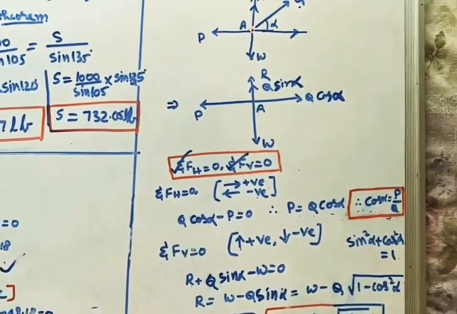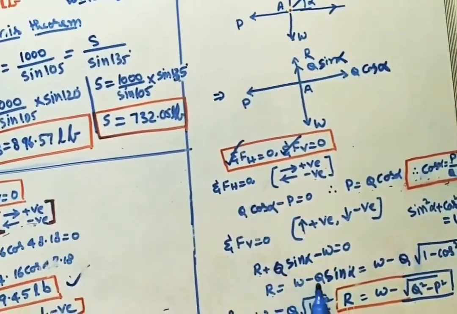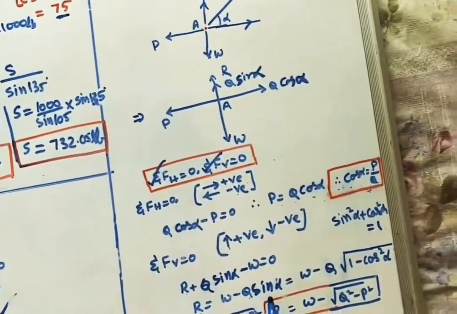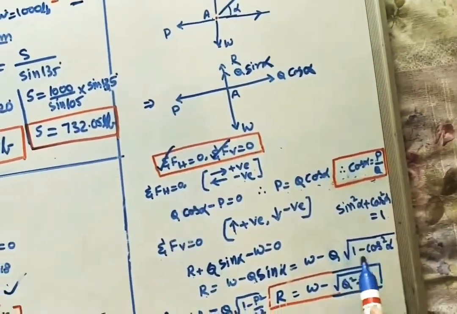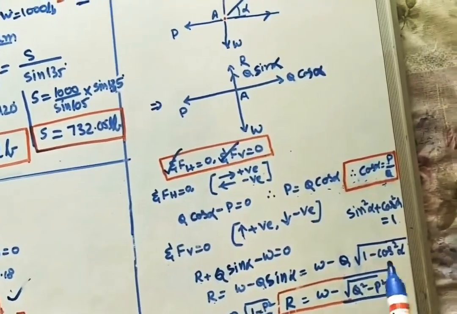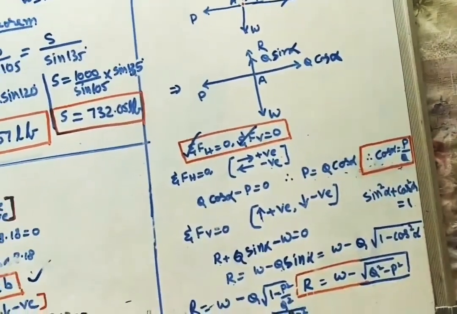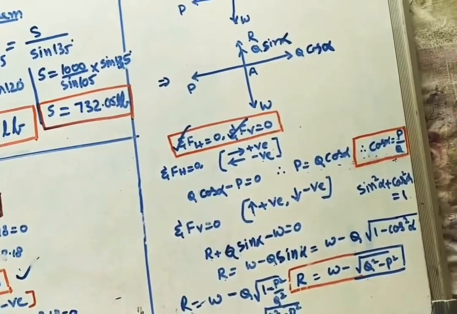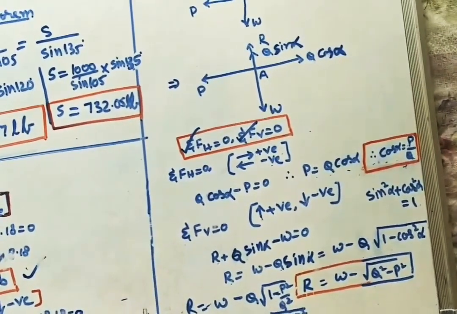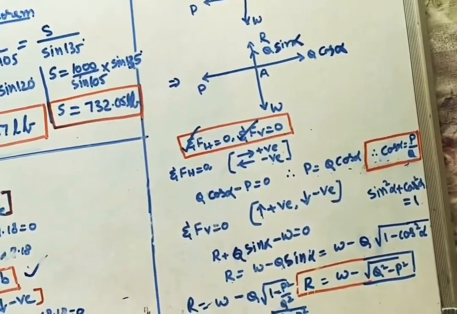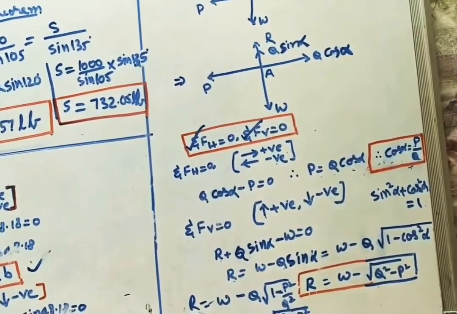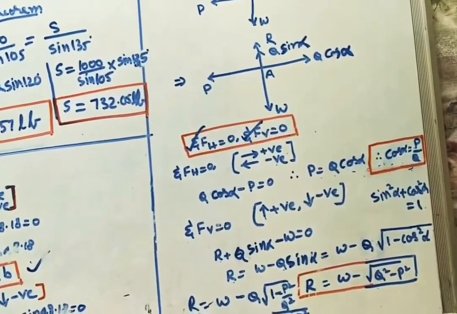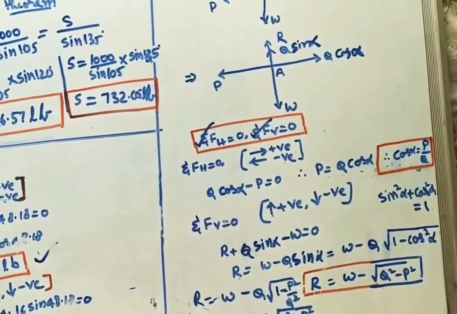So we can write R is equal to W minus Q into root of 1 minus P square by Q square. Taking Q out, inside the root it is Q square minus P square, divided by Q. Outside there is also Q, so Q will be cancelled.